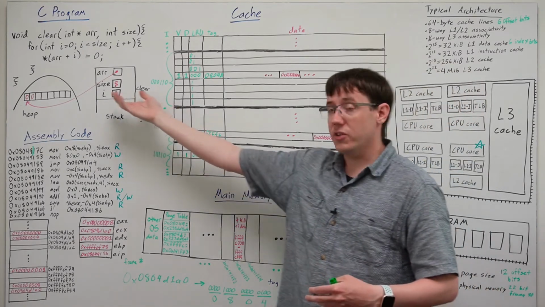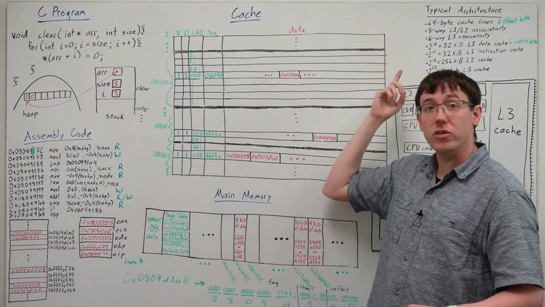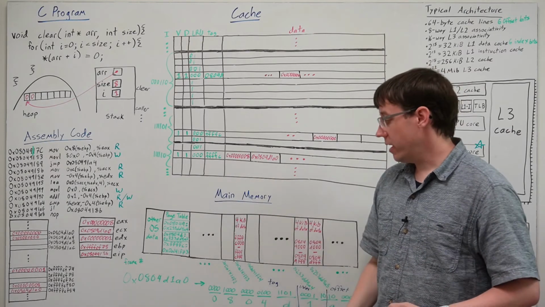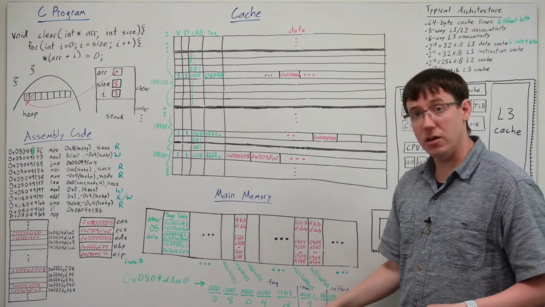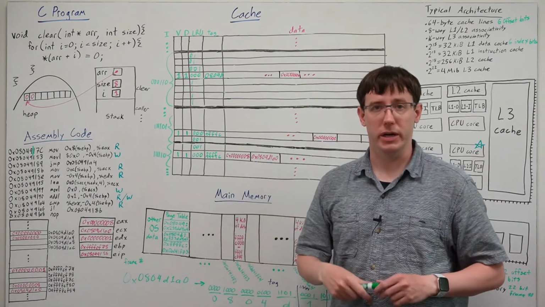But of course, if the size is large enough, then we will eventually run out the end of this block, and we will need to retrieve a new block with a new index from a lower level of the hierarchy into the level 1 cache.